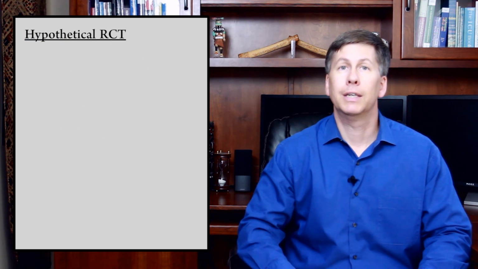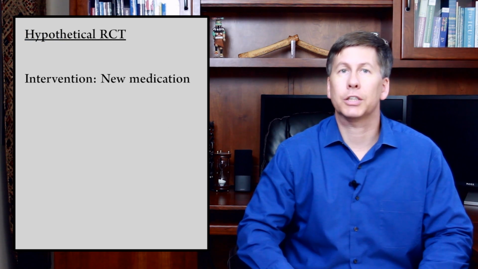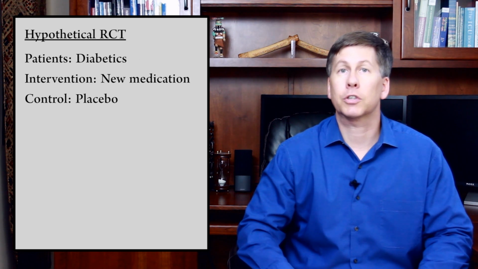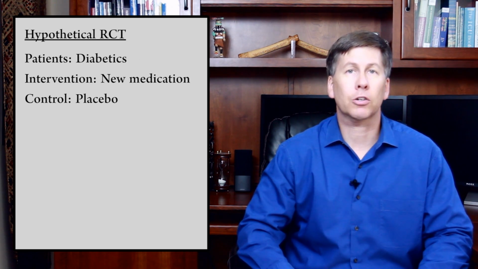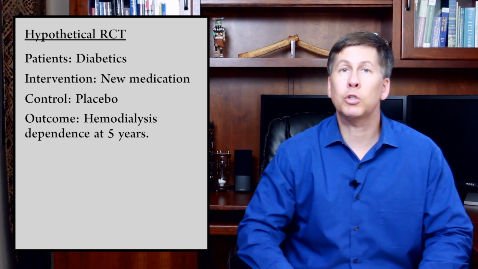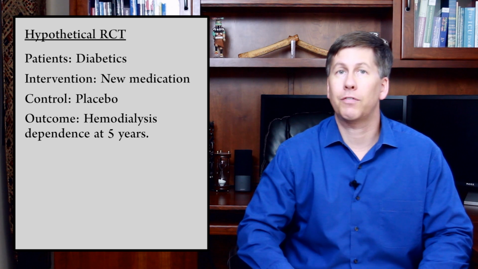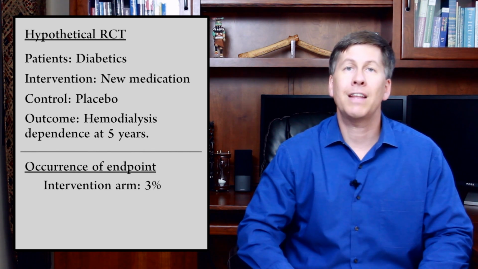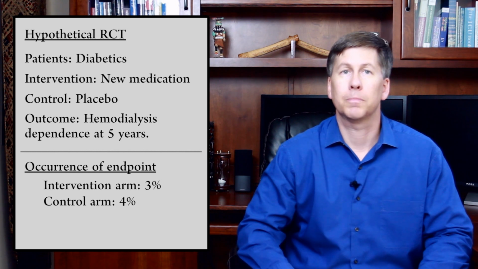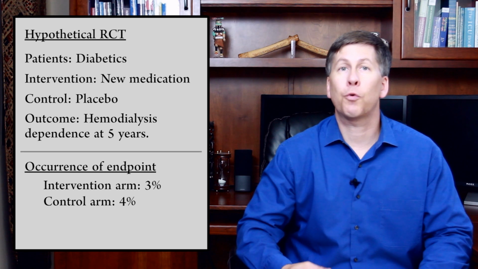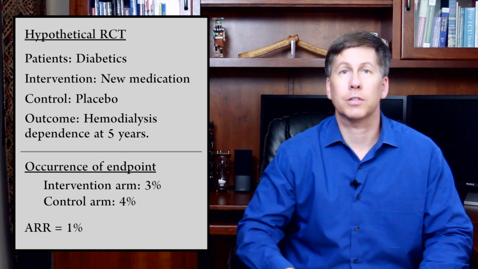For example, suppose we are comparing a new medication to prevent kidney damage in diabetics using a placebo as the control, with the primary outcome of hemodialysis dependence at 5 years. And suppose the prevalence of hemodialysis dependence at 5 years in the intervention arm was 3%, and in the control arm it was 4%. In this case, the absolute risk reduction would be 4 minus 3, or 1%.